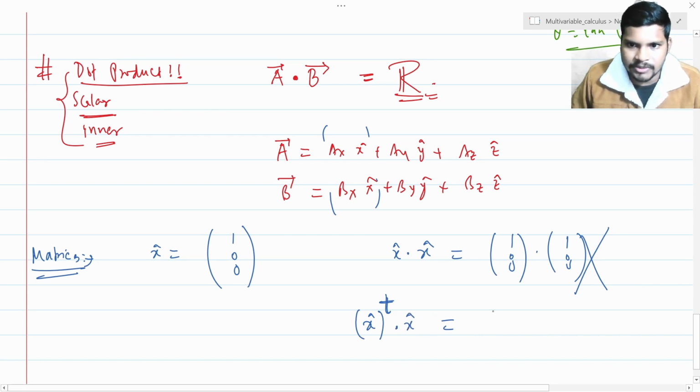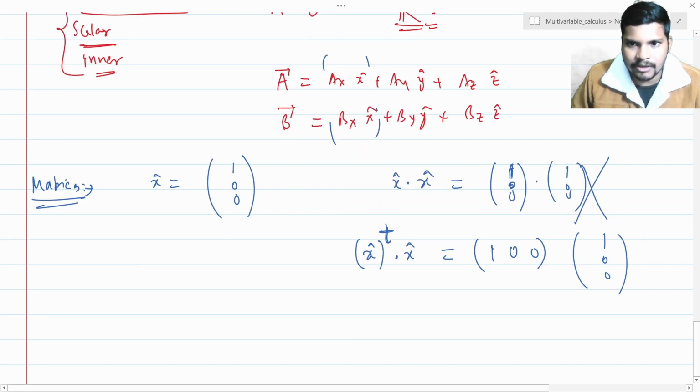Transpose means the column becomes a row: 100 and then 100. So first column and first row, 1 times 1, plus second column second row, 0, plus third column third row, 0.